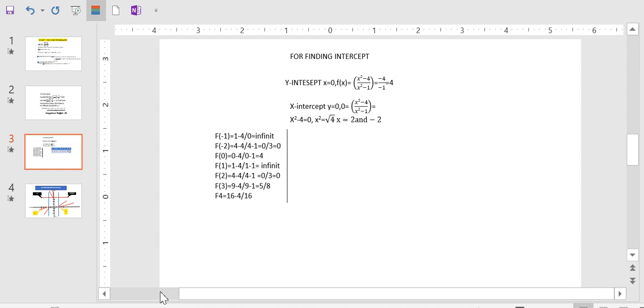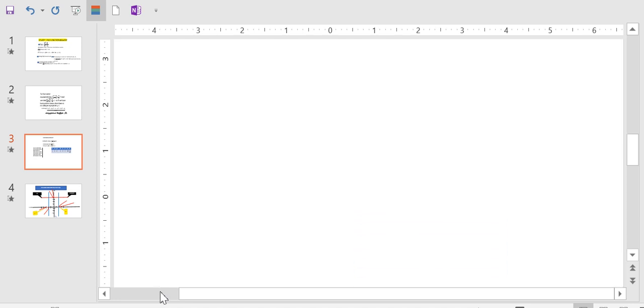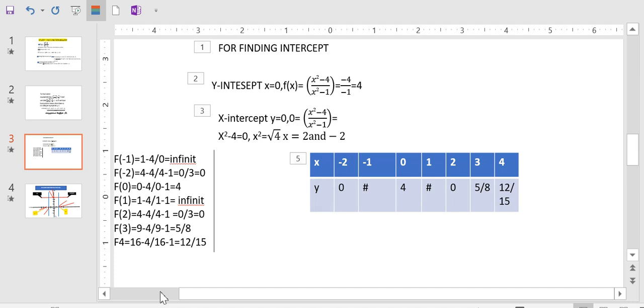Let's see this table that shows how these points are located. It is a perfect table that shows how our graph will be presented.